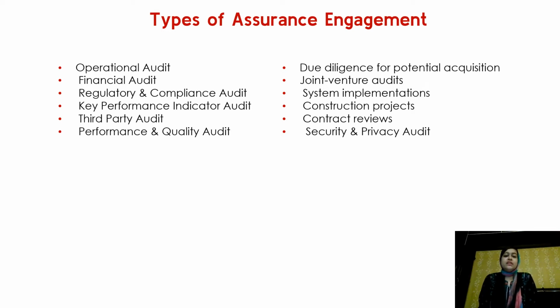The operational audit, financial audit, regulatory compliance audit, KPI or key performance audit, third-party audit, performance and quality audit. These are types of assurance engagement. Or sometimes whenever a merger or acquisition is done, a due diligence audit is conducted, which is also an assurance engagement. Then joint venture audit or system implementation, construction project, contract review, security and privacy audit, all are different types of assurance engagement.